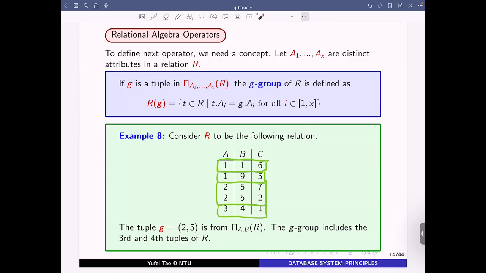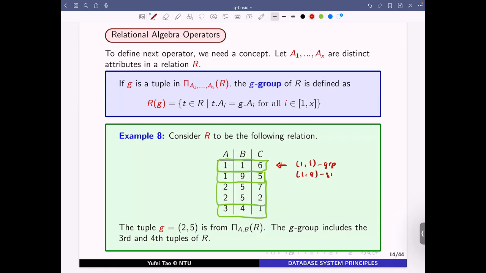You can see here these 2 tuples are in the same group because they agree with each other on both A and B. Then we refer to each group using the unique AB values. For example, the first one would be a 1-1 group, and this one will be a 1-9 group.